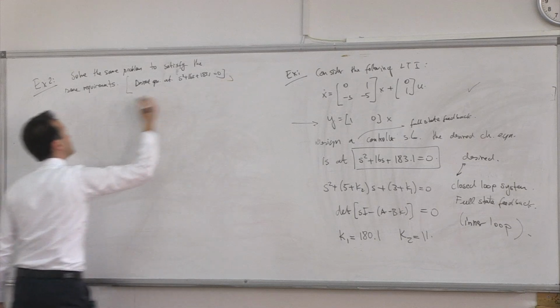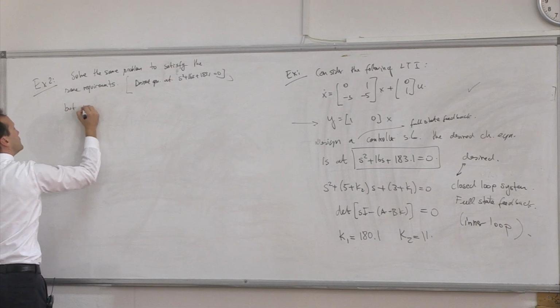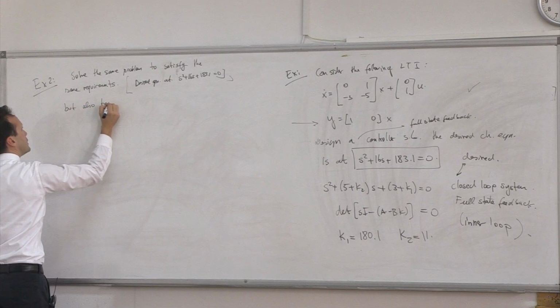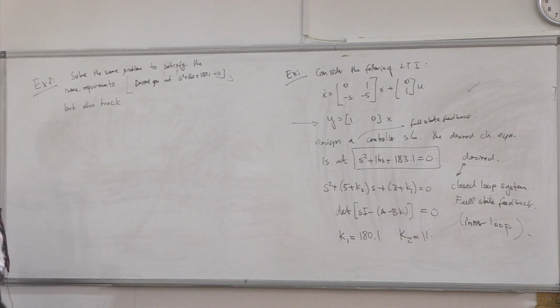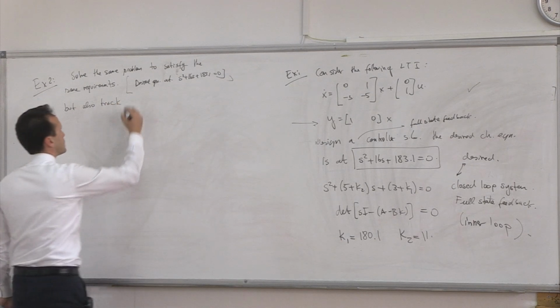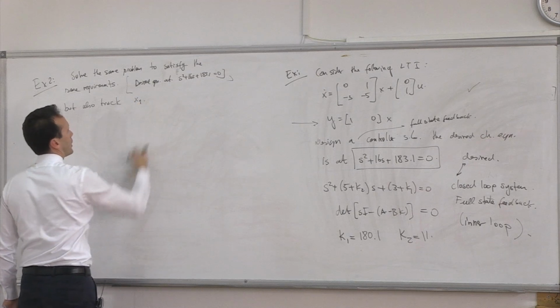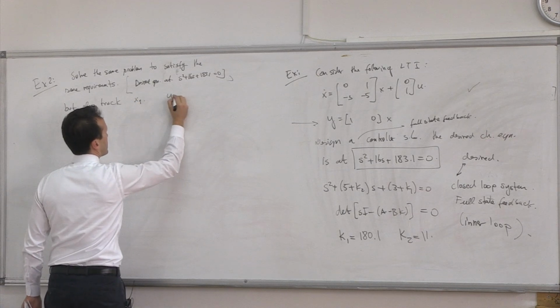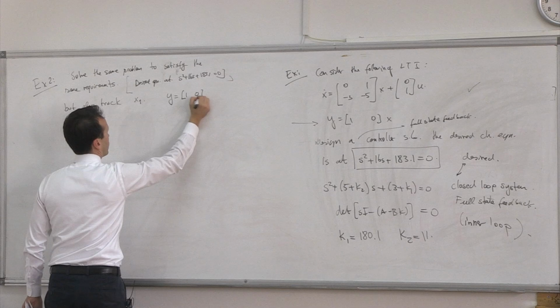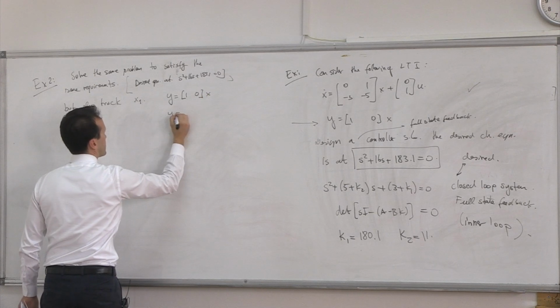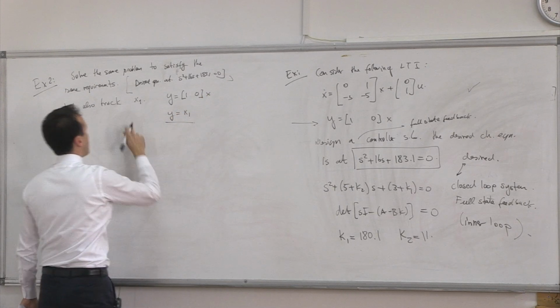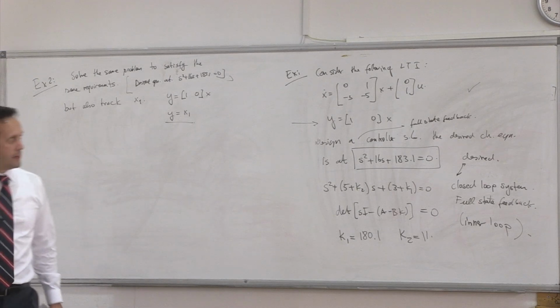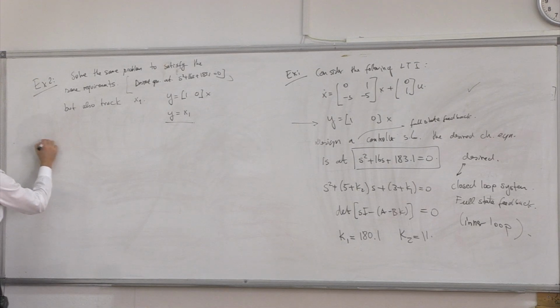but also track x1. That's why you have y is equal to [1, 0] x, which means y is equal to x1. So we want to track x1. It will look like this.